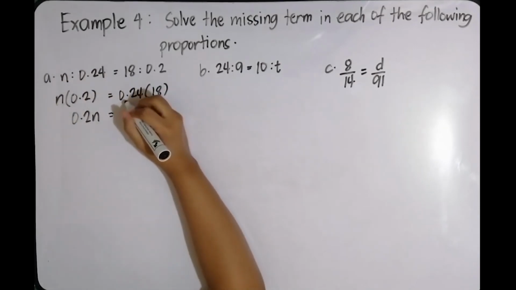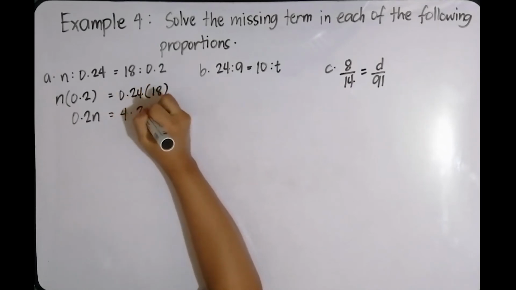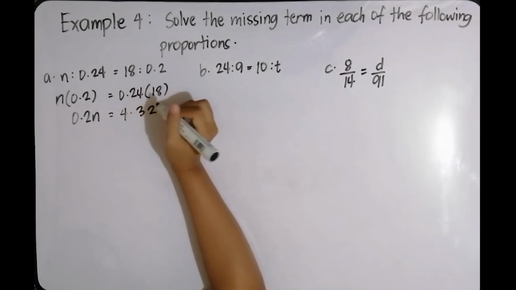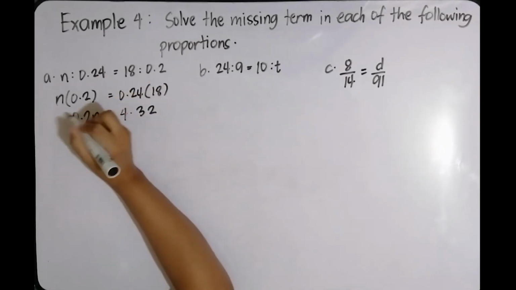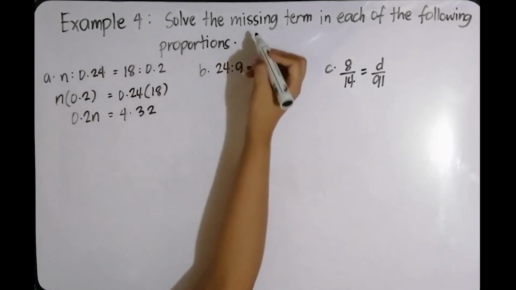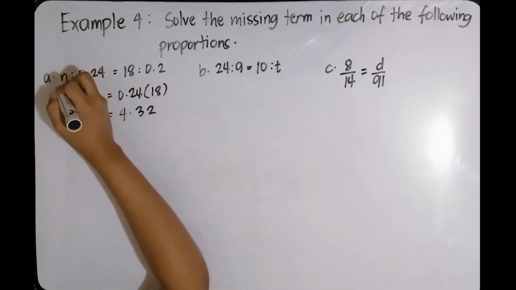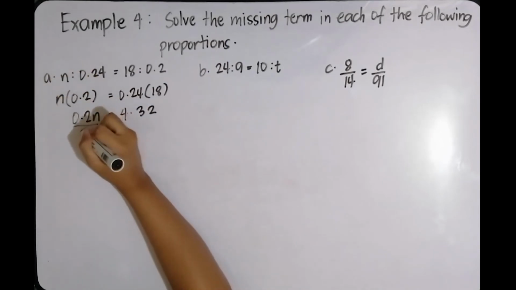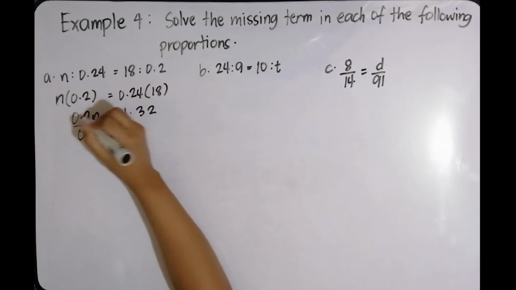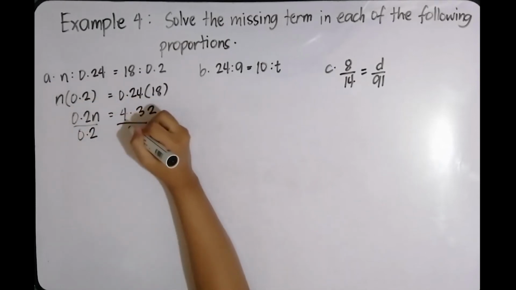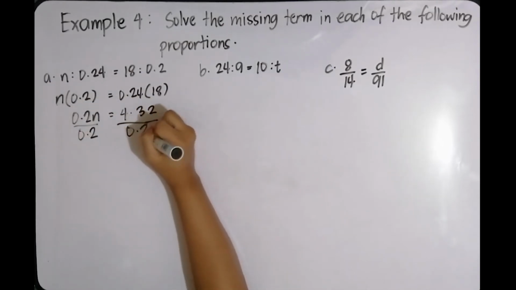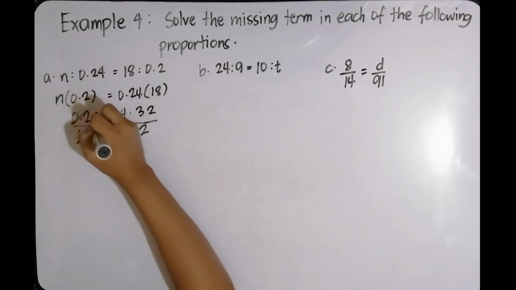Then 0.24 multiplied by 18 is equal to 4.32. So to get the value of n, since we are looking for the missing term, which is the first term, n, divide both sides by 0.2. So to remove 0.2 here, 0.2 over 0.2 is equal to 1.